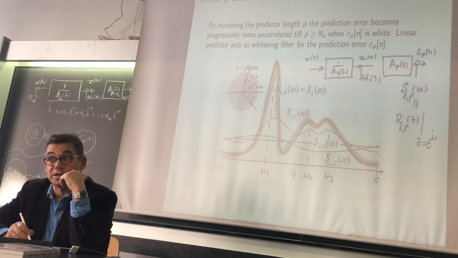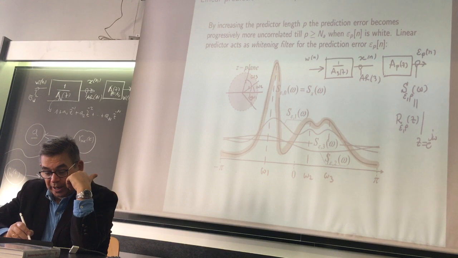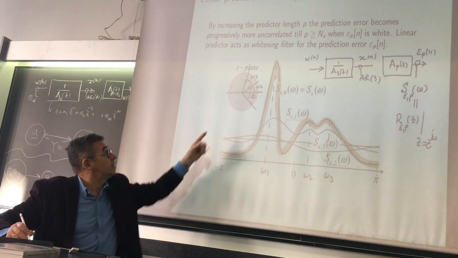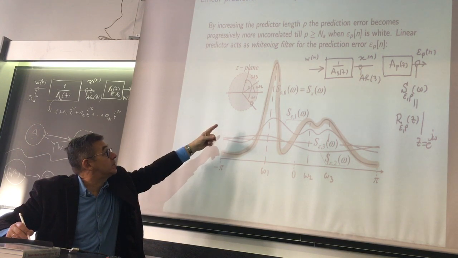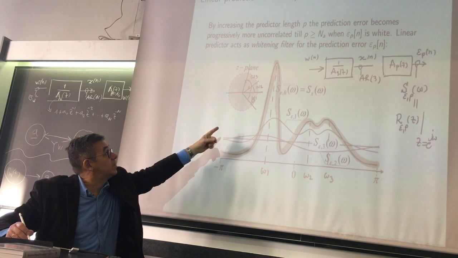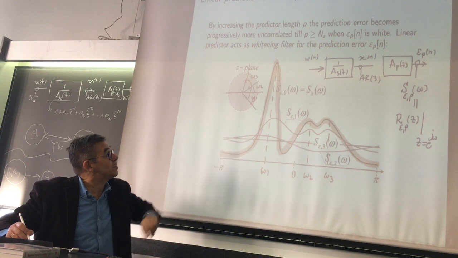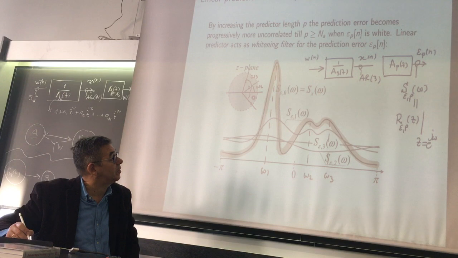So the zero will be allocated at this point here. This point is where I'm close to cancelling the influence of this pole. So if I put it close here, this zero is trying to cancel as much as possible the influence of that pole.